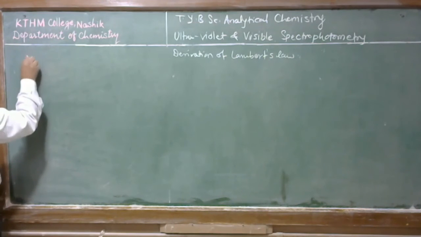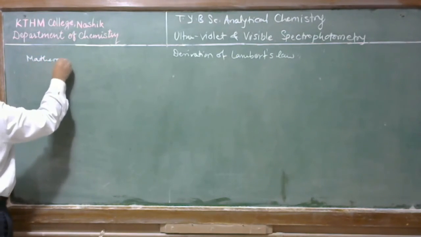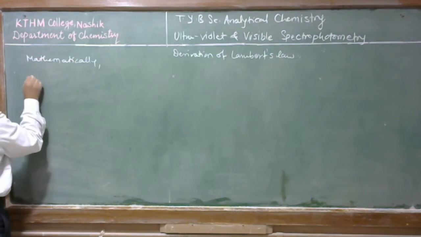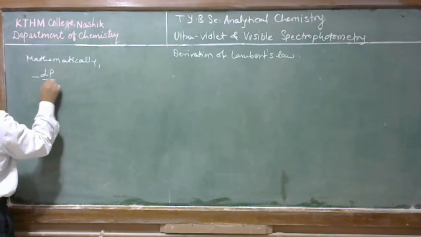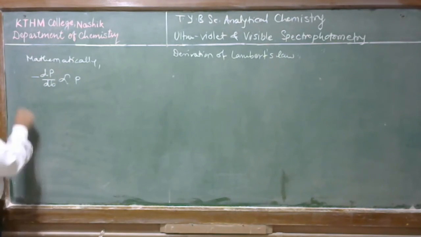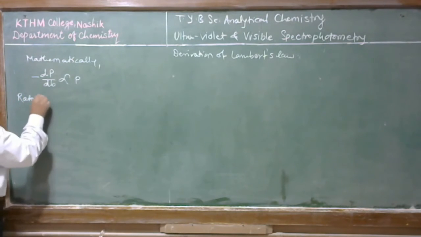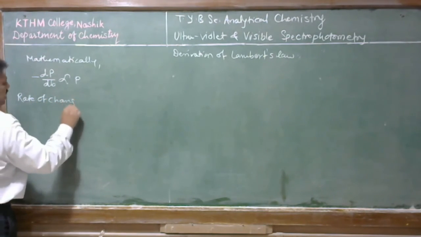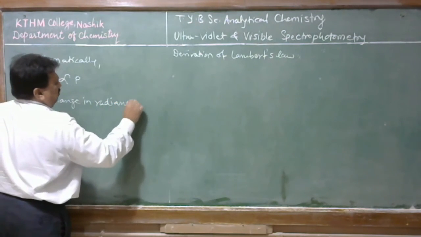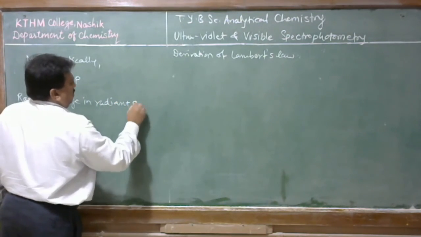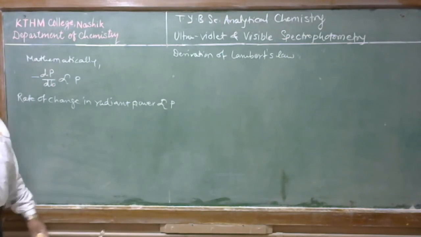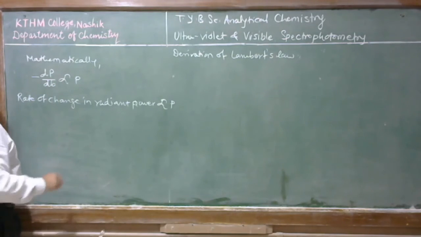Therefore, mathematically, this law can be represented like this: minus dP by dB is directly proportional to P. That is, the rate of change in radiant power is directly proportional to the incident radiant power. This is represented in this equation.